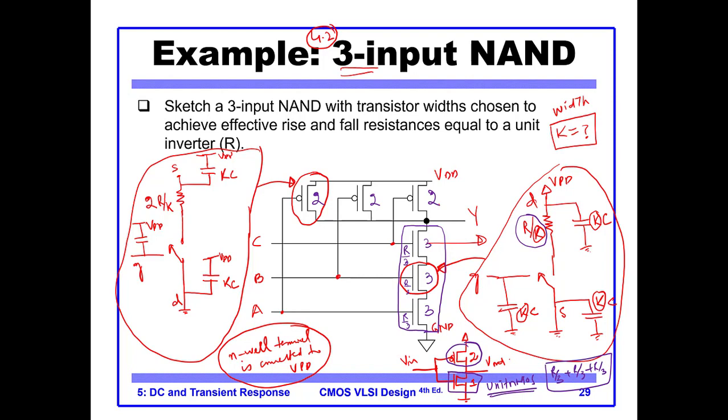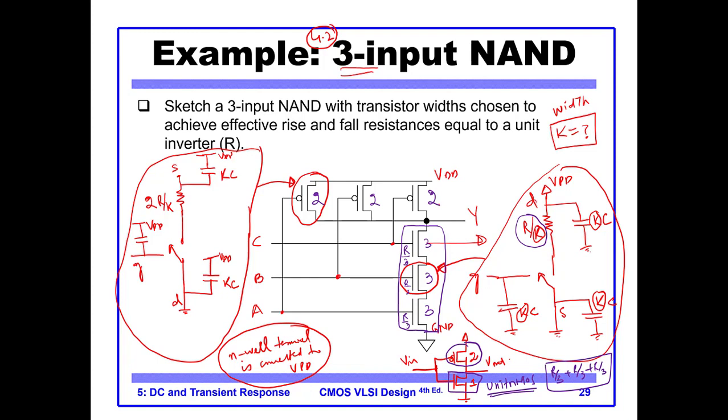We don't need to change anything here because they are in parallel. In case of series, we have to change the sizes. In this case, the PMOS sizes remain twice the size of unit NMOS. So this is how we determine the size of K.